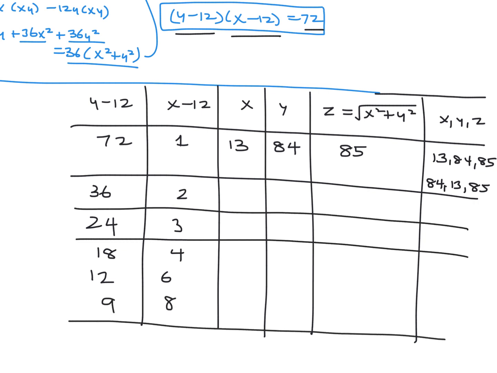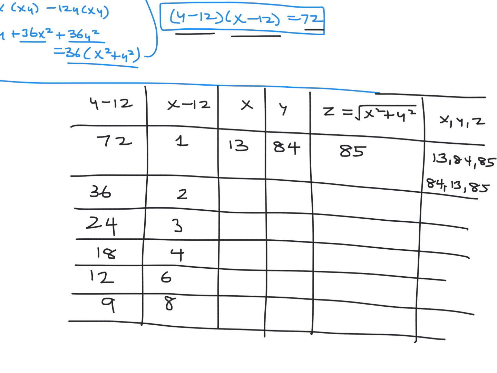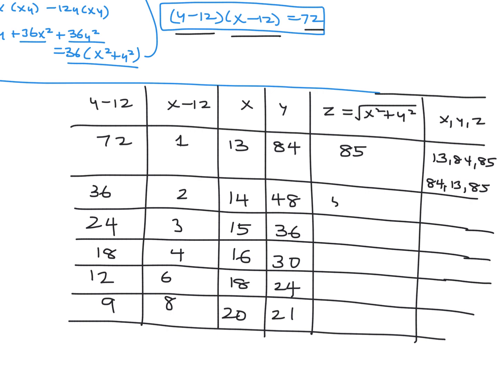So that means for x and y, we got 14 and 48, 15 and 36, 16 and 30, 18 and 24, 20 and 21. And then the z's are going to be 50, 39, 34, 30, and 29. And then you guys can figure out the pairs. Just remember that for each one, the x and y are interchangeable, so you can get 2 triplets for each of those.